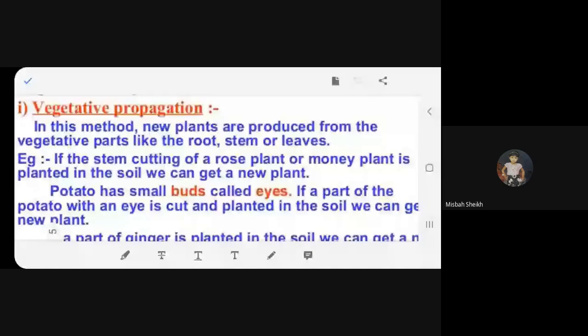Vegetative propagation. In this method, new plants are produced from the vegetative parts like the roots, stem, or leaves. Example, if the stem cutting of a rose plant or money plant is planted in the soil, we can get a new plant. Potato has small buds called eyes. If a part of the potato with an eye is cut and planted in the soil, we can get new plants.